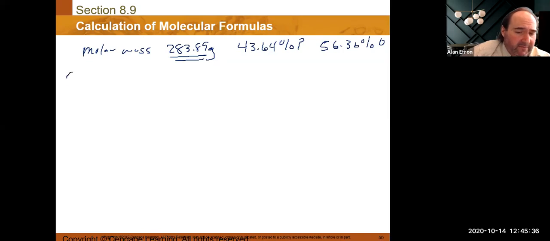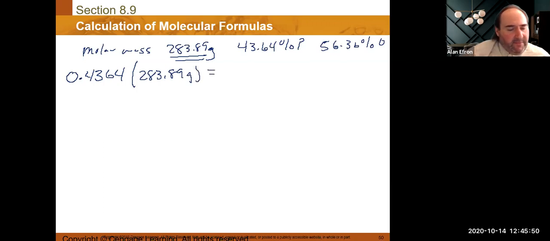So we can convert our percentage into a decimal by dividing by 100, which gives us 0.4364. And we could times it by the 283.89 grams. And what that will give us is about 123.9 grams.